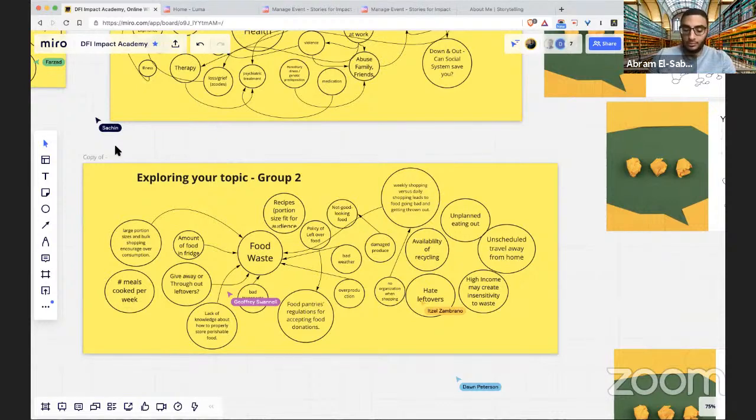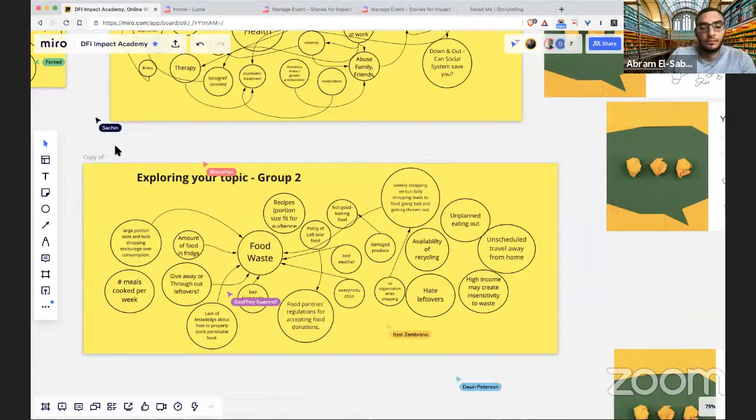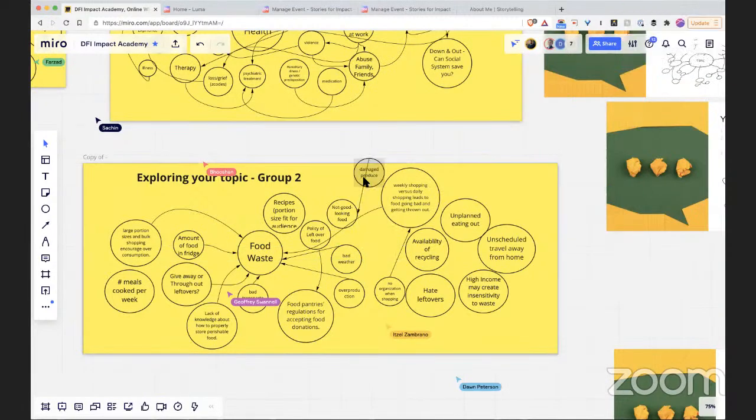So lack of planning, overproduction, food that doesn't look as pretty. So maybe you don't buy it and it just sits on the grocery store shelves and they throw it out. Yeah.